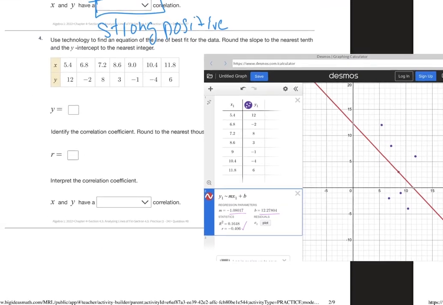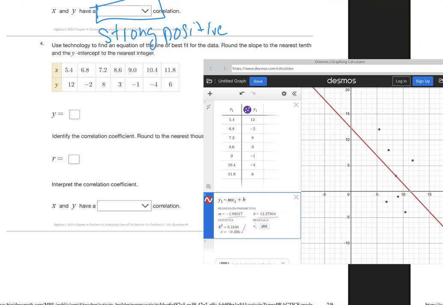So we're going to go up here and do the same thing we just did for the last one. So this is y equals negative 1.1x plus, nearest integer, 12. The correlation coefficient, round to the nearest thousandth, is just going to be negative 0.406.